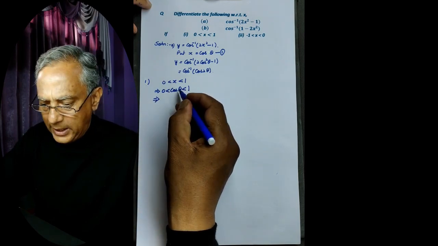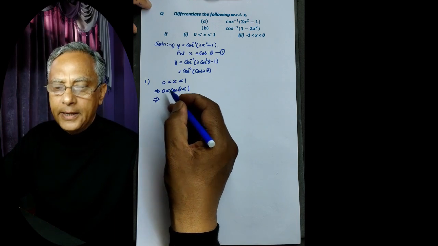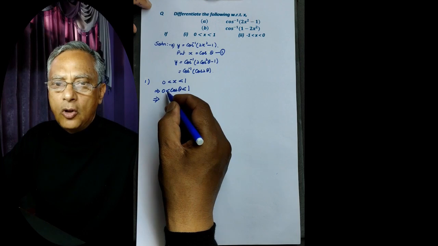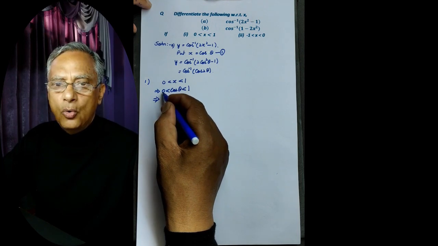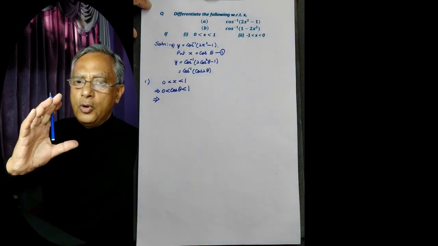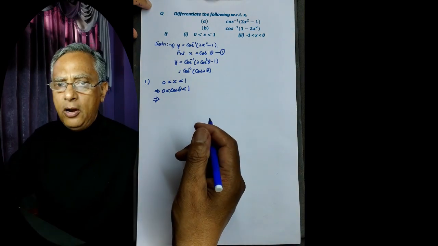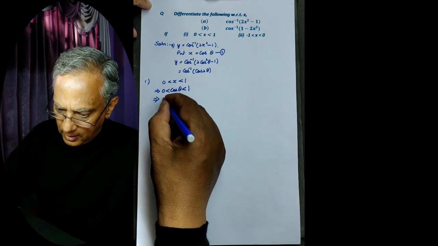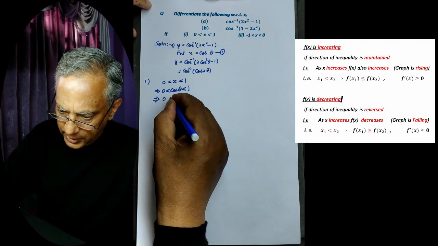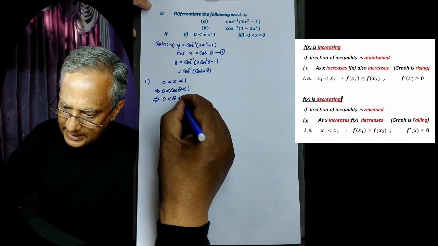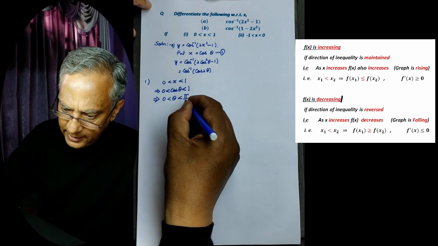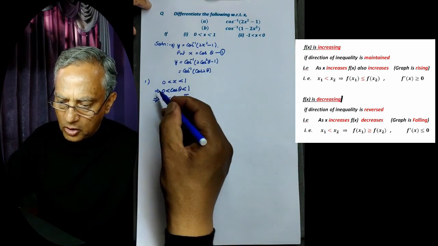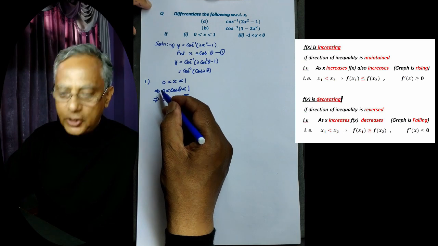So within what range should theta lie? Now cos of 0 is 1 and cos of pi by 2 is 0. You can also keep the graph of cos theta in your mind. So it must be 0 is less than theta is less than pi by 2, because we know cos of 0 is 1 and cos of pi by 2 is 0.